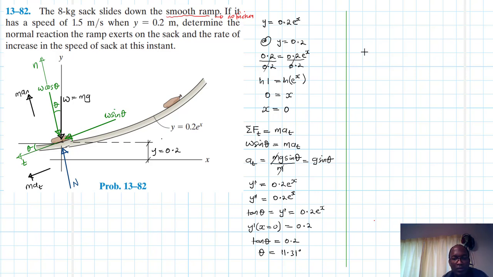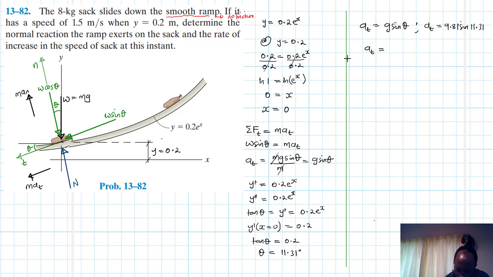Let's now find a_t. So a_t we said is equal to g sine theta. Therefore, our a_t will just be equal to g, which is 9.81 sine 11.31.